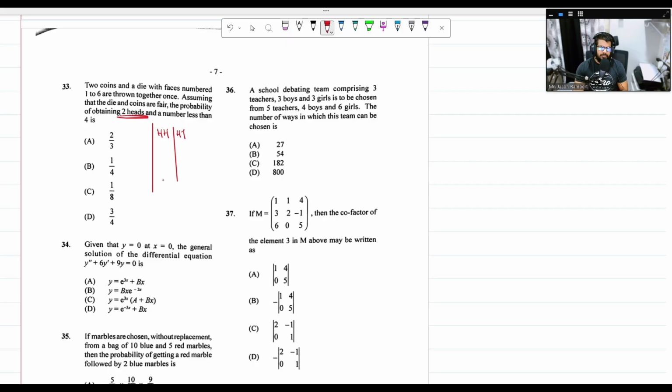But we still have to get the total number of possible outcomes, 1, 2, 3, 4, 5, 6. Total possible outcomes is going to be 6 by 4, which is 24. The probability of obtaining two heads, which is this column here, and a number less than 4, which is going to be these 3 here, that's going to be 3 out of the 24, which is going to be 1/8.